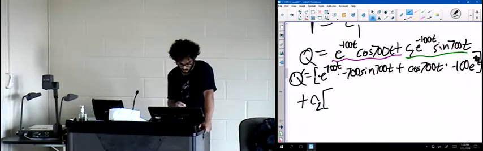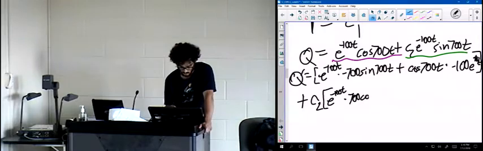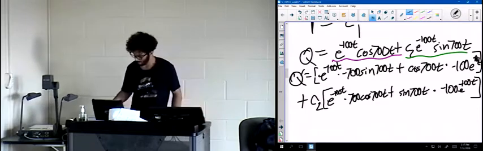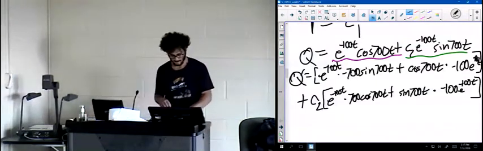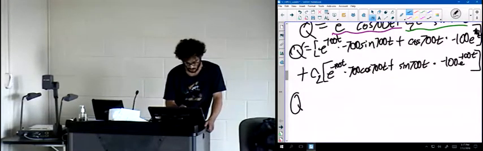And then, just like how we did it before, first times derivative of the second plus the second times the derivative of the first, right? Okay. So let's rewrite it.